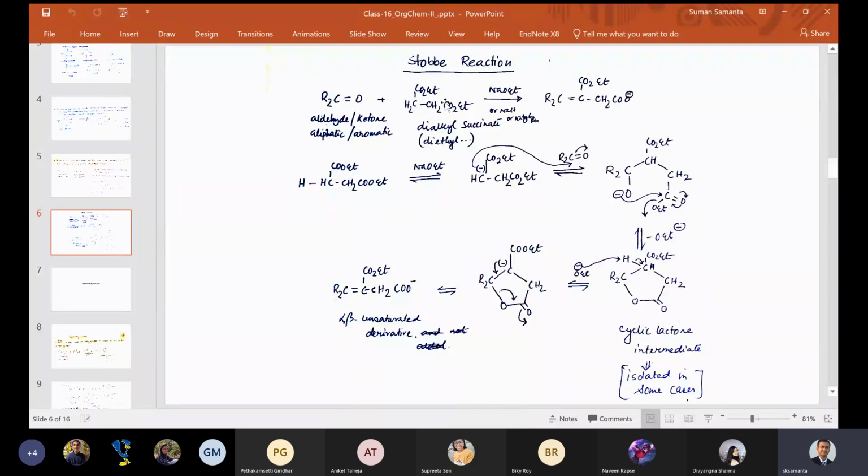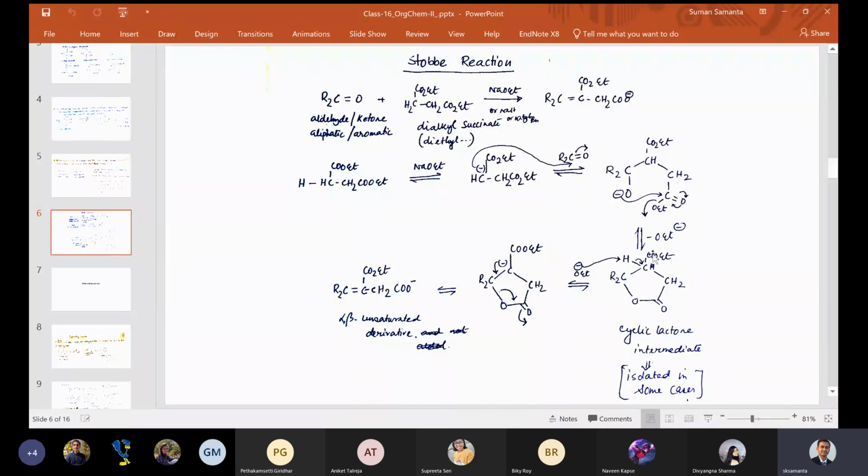This reagent is fixed, dialkyl succinate. You can make it ethyl, methyl, or any other, but here the ketone will be changed. So this diethyl succinate part remains fixed. You will find this reaction in Peter Sykes. Since this part is fixed, this 5-membered ring formation would always happen in this reaction.